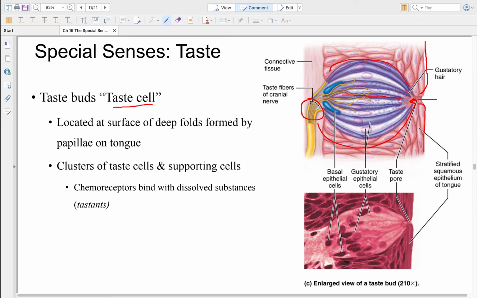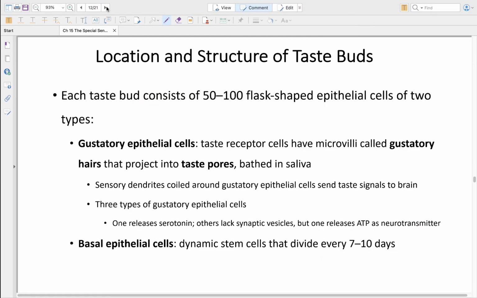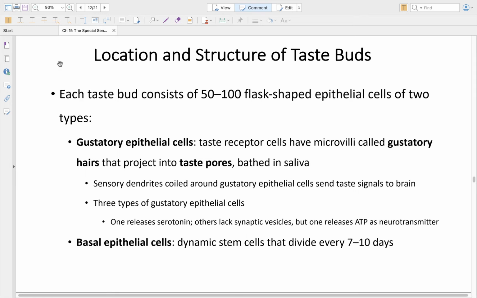Now in taste as well as in smell, these are chemoreceptors. The taste cell itself has chemoreceptors in it that can bind with the dissolved food particles or other particles that are coming into the body and differentiate the taste. Let's talk about the location and structure of our taste buds.